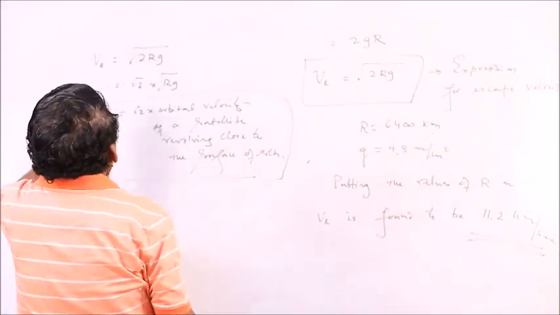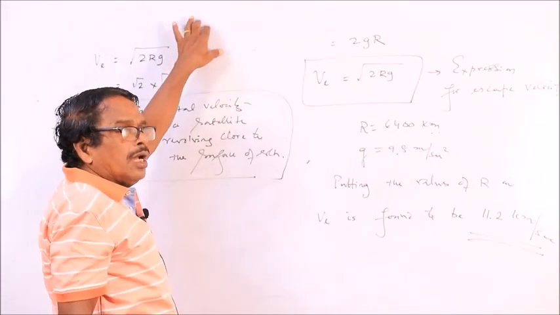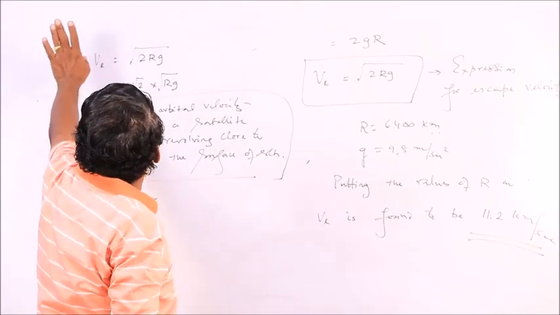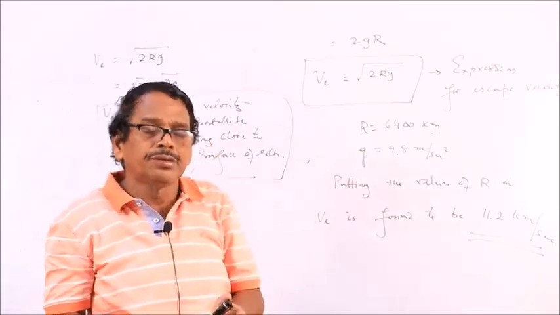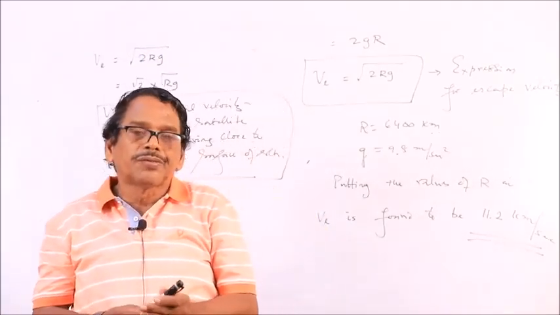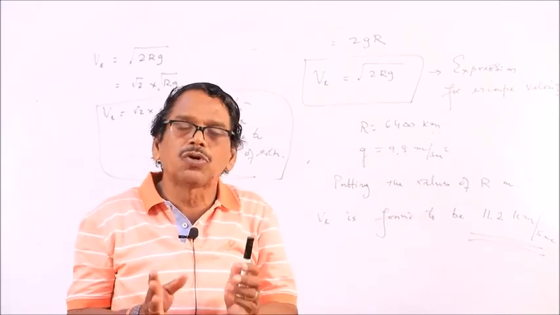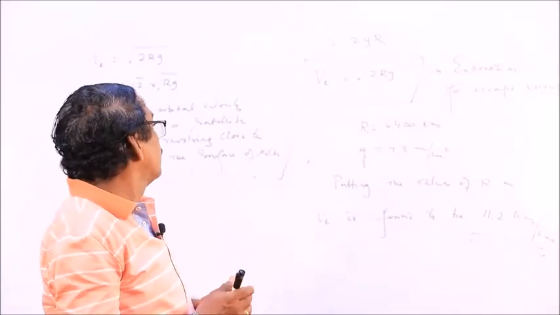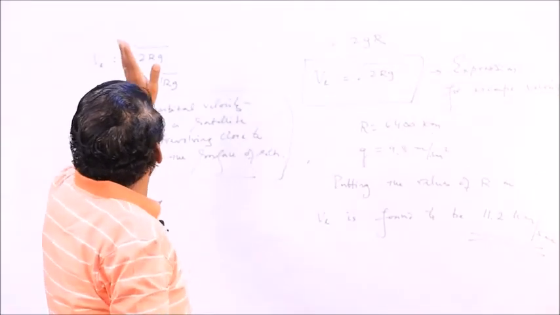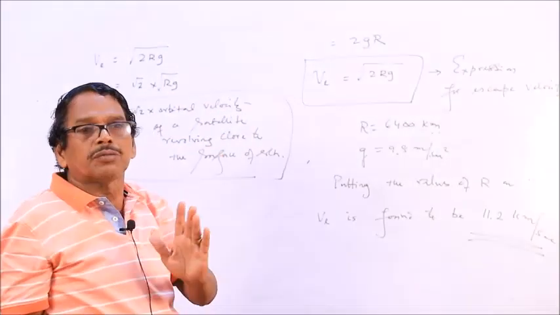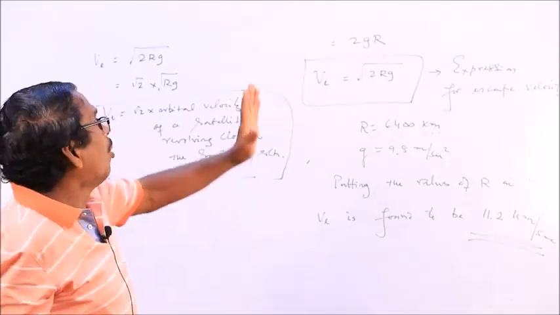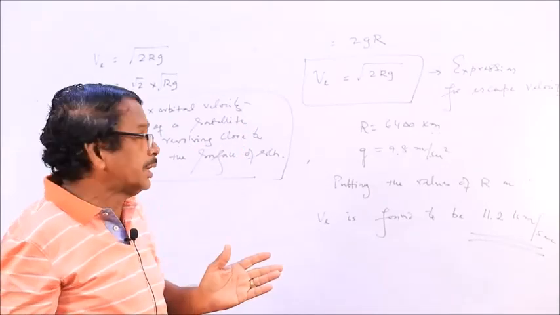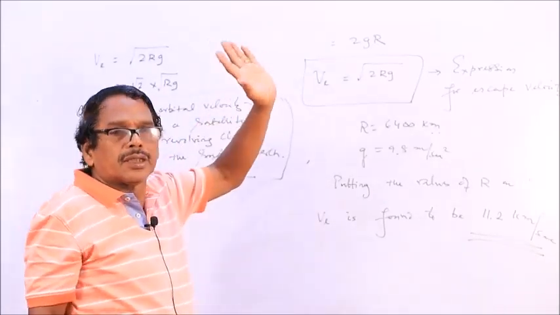So, from this you will get a long question in the examination: define escape velocity and deduce an expression for it. So, in gravitation we have discussed what gravitation is, what Newton's laws of gravitation are, the relation between small g and capital G, the acceleration due to gravity and the gravitational constant, and the variation of g when you go to a height above the surface of earth, how g will change when you go to a depth below the surface of earth, and what the value of g is at the center of earth.